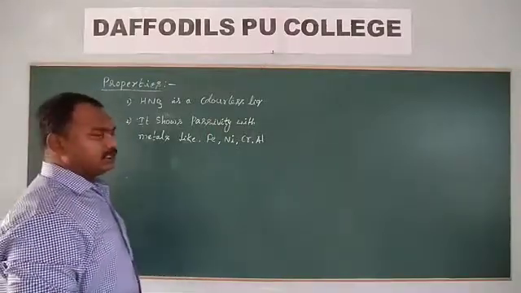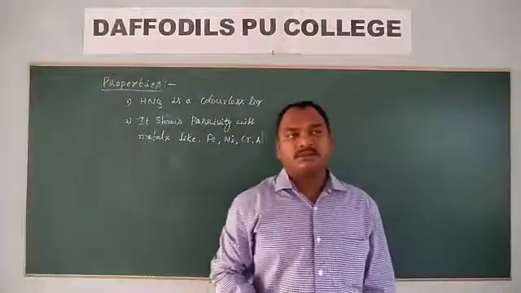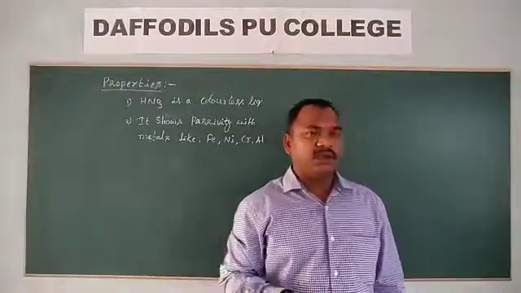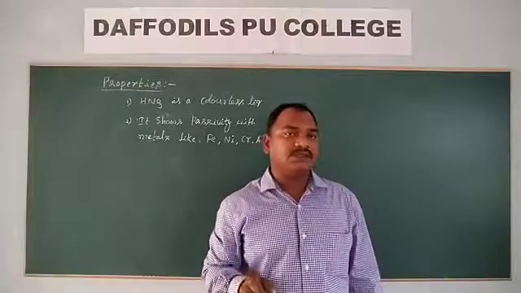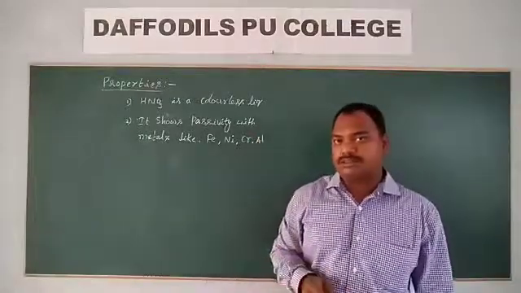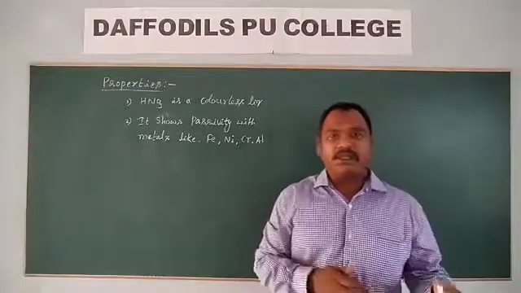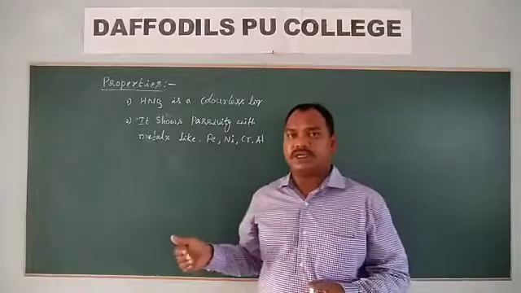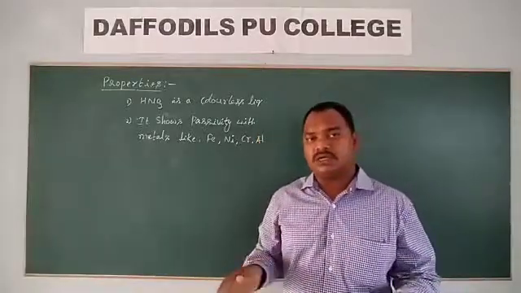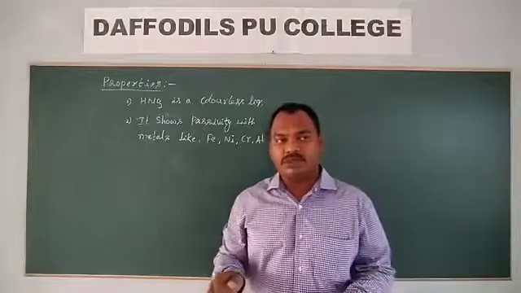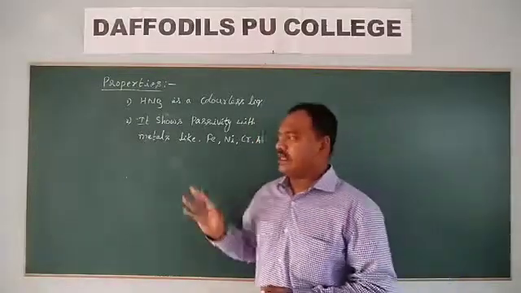So what is meant by passivity? Passivity is a process in which initial reactivity is stopped. It means at the beginning it is going to react, and after some time the reaction stops due to the formation of an oxide layer.